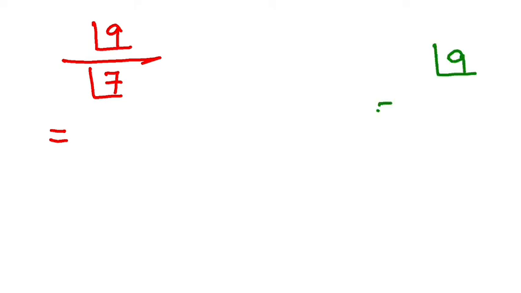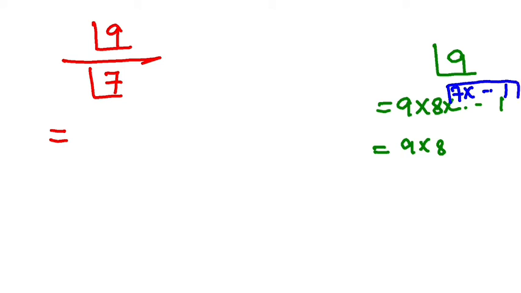The first question is, let's say you have to evaluate the value of factorial 9 by factorial 7. Suppose you have to evaluate this value, right? So try to understand this logic. Factorial 9 means 9 into 8 into like that till 1. If I keep this 9 and 8 only, the rest of this item starting from 7 till 1 is factorial 7.